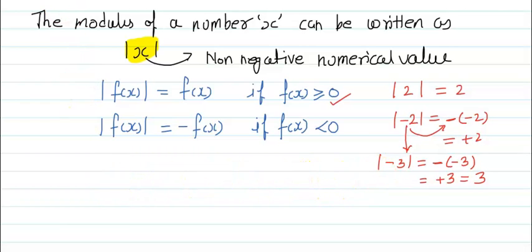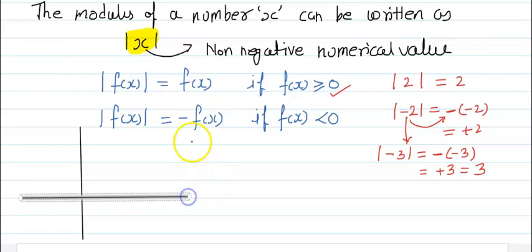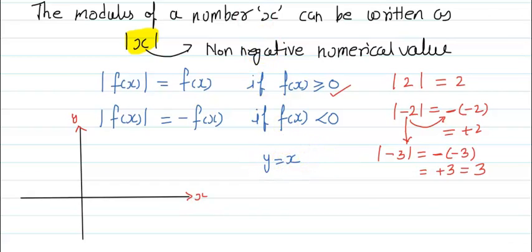So we know the equation of a line. Let me sketch it. Here is the x-axis and here is the y-axis, and most students know if we plot y equal to x, the line always passes through the origin.